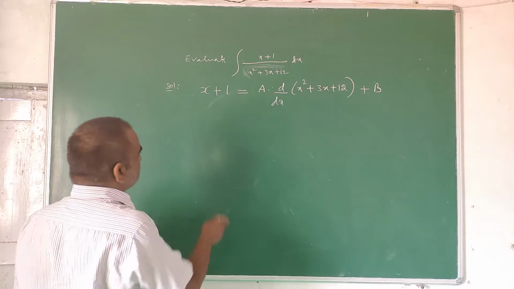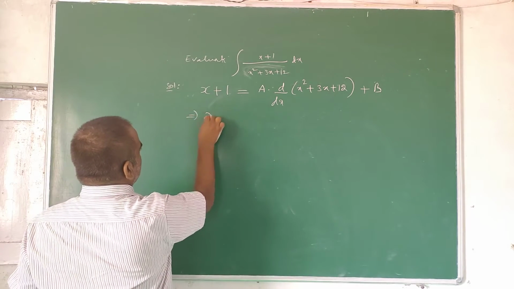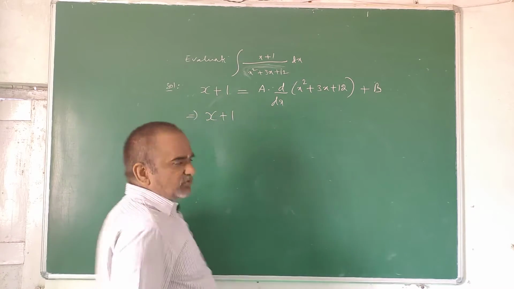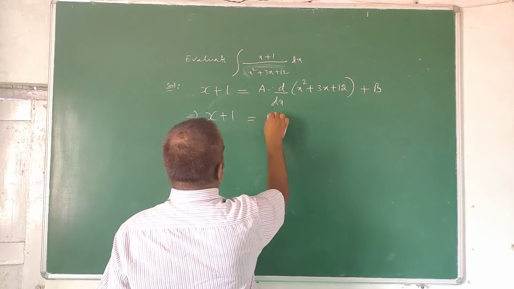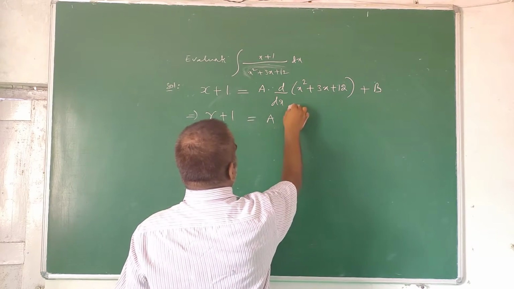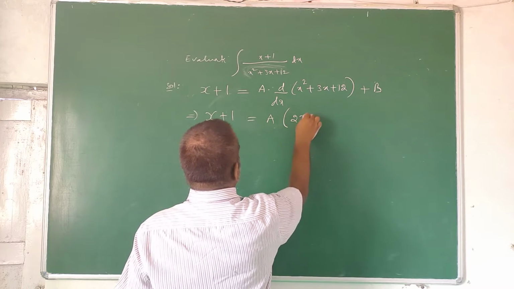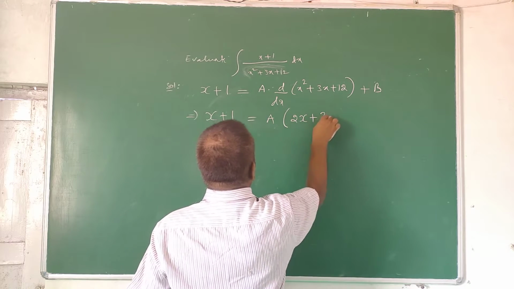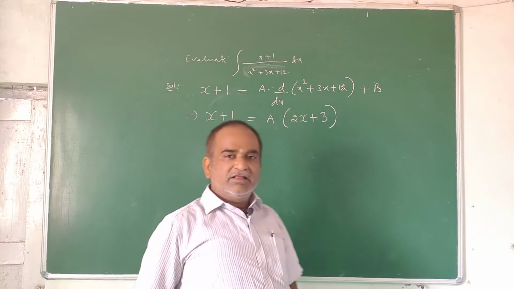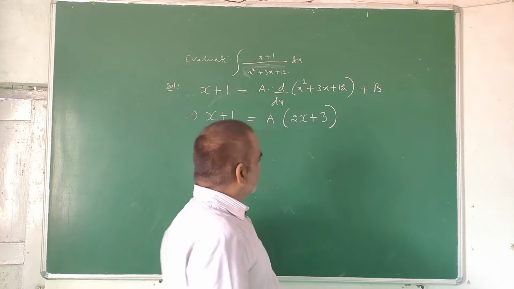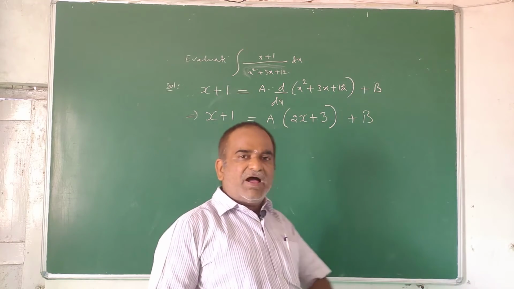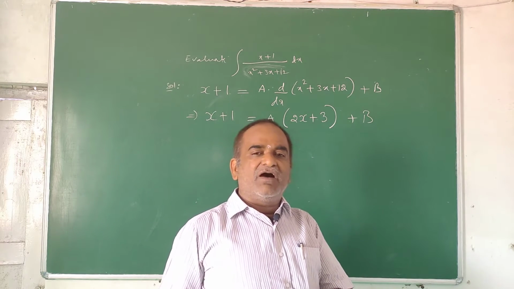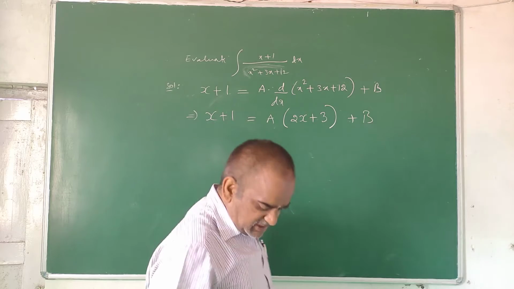Now this implies x plus 1 is equal to a into d by dx of x square plus 3x plus 12, which is 2x plus 3. Do you agree? Plus b. So to find the values of a and b, you have to equate the corresponding coefficients.